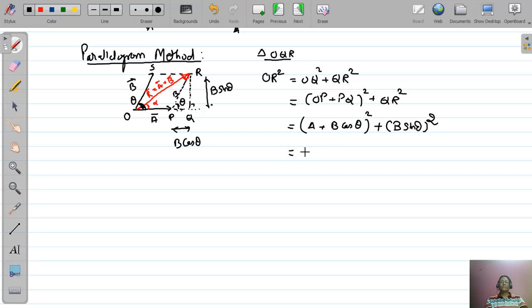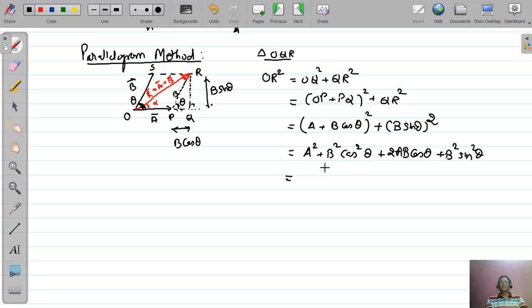Opening the square bracket, it will come a square plus b square cos square theta plus 2ab cos theta plus b square sin square theta.